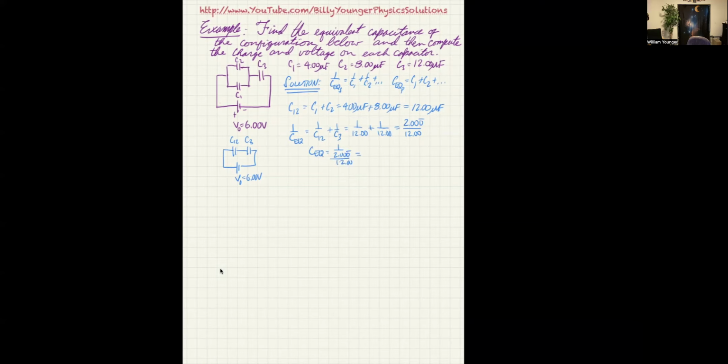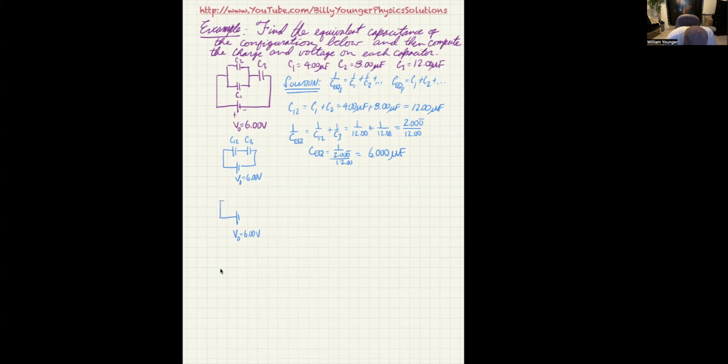So that's basically 12 divided by 2, which is 6.000 microfarads. So now I can say that the equivalent circuit is, in fact, V0 equals 6.00 volts.